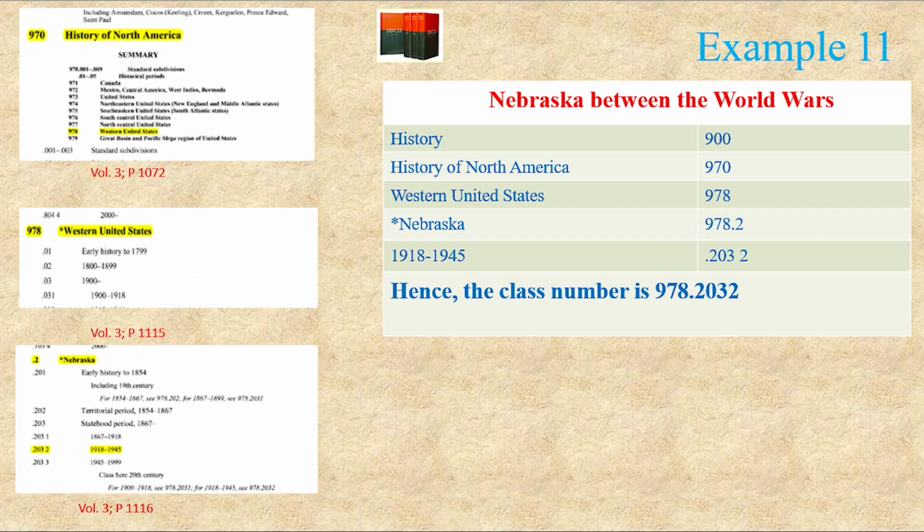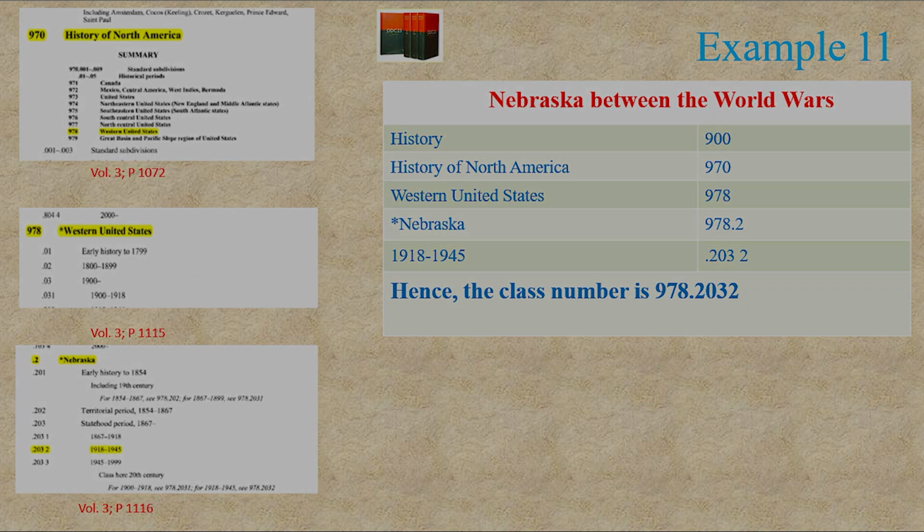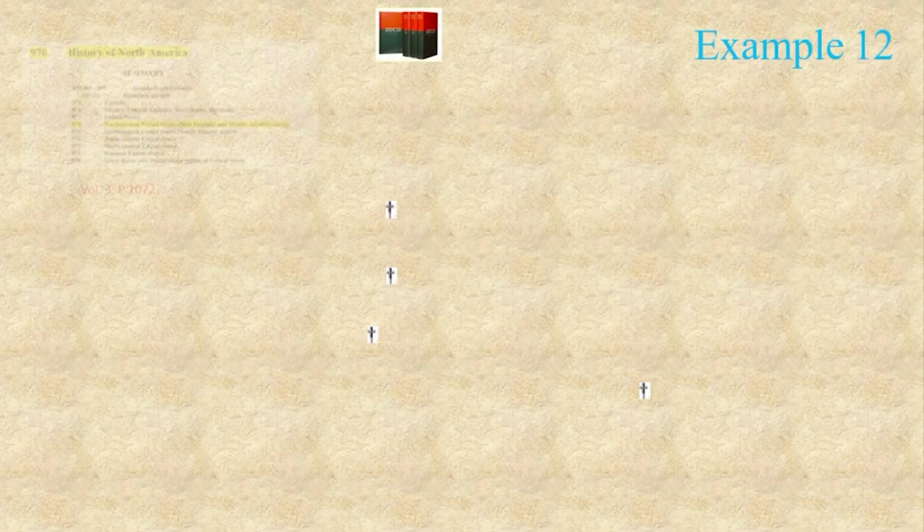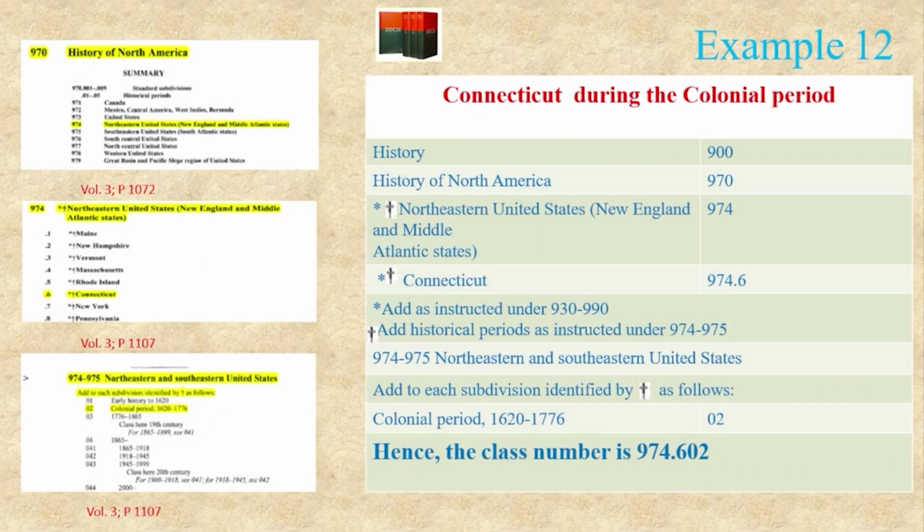History falls under 900, history of North America falls under 970, then Western United States falls under 978, Nebraska falls under 978.2, and the time period, the world wars 1918 to 1945, comes under 0.2032. Hence the class number is 978.2032.